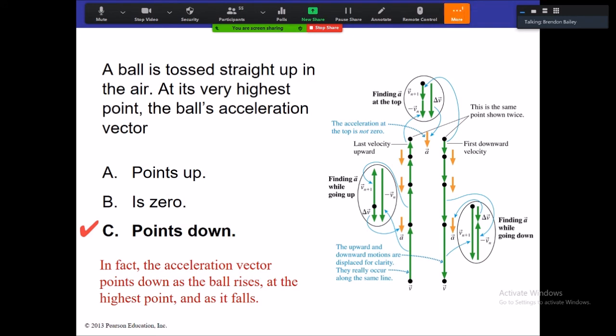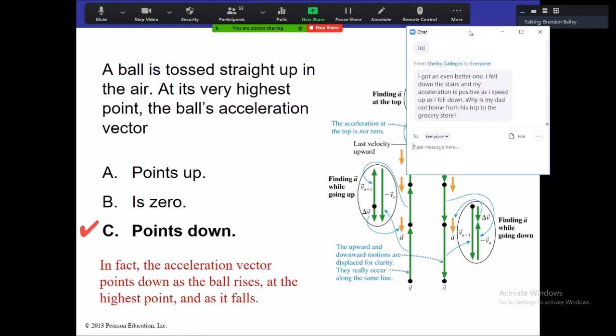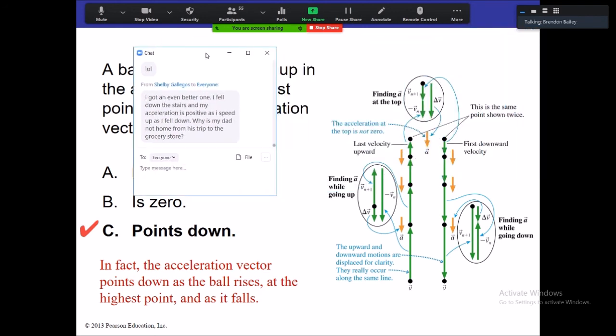So even in this example, there are multiple accelerations. For example, the downward acceleration that's displayed is gravity, I'm assuming. Yeah. And then in the beginning, the upward acceleration is going to be the person throwing the ball up. No. No? In fact, we're not showing the person throwing the ball.